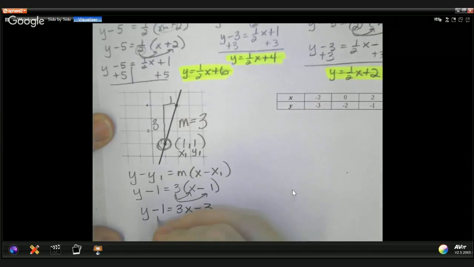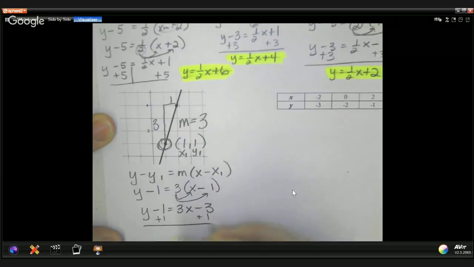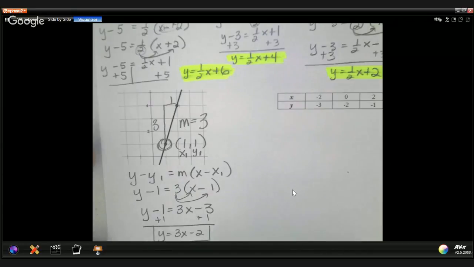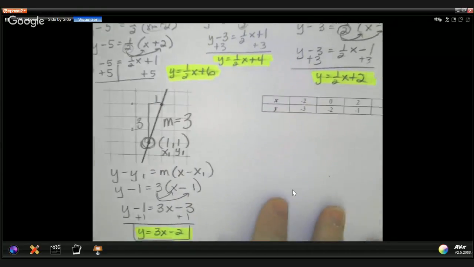And now I'm going to add 1 to both sides. And I get y is equal to 3x minus 2. And so the equation of this line is y equals 3x minus 2. And so these are a little nicer because you can count your slope. All right, last example, because we've been exampled out.